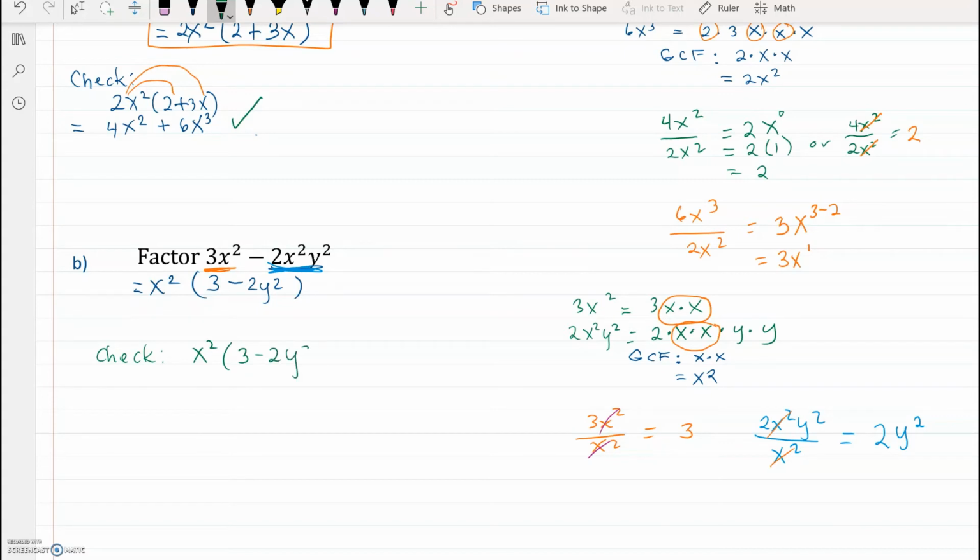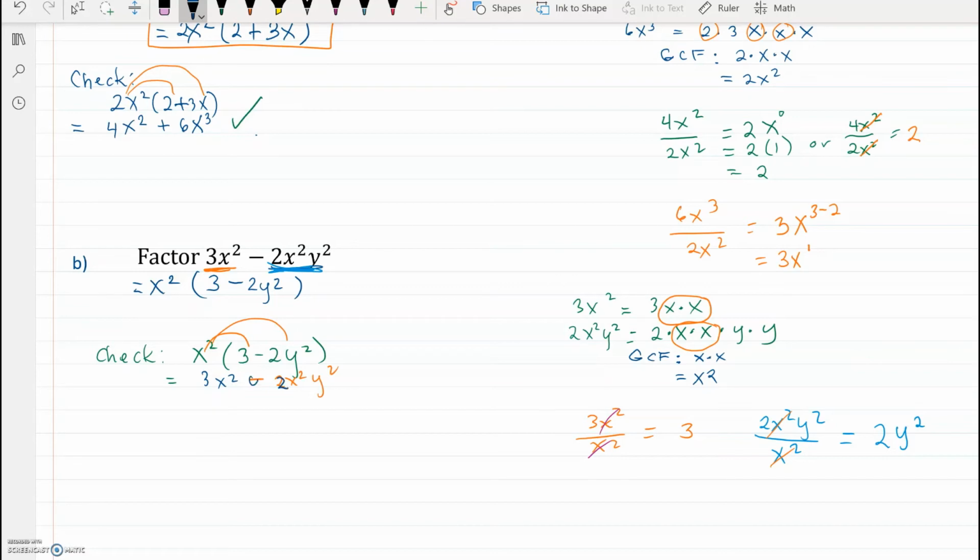Multiplying it will make sure that you have the correct factors. So I do this times 3, and that will be 3x squared. Then this times negative 2y squared will have negative 2x squared y squared.